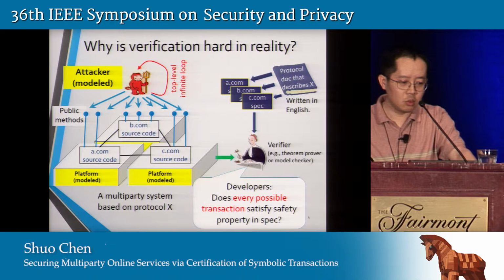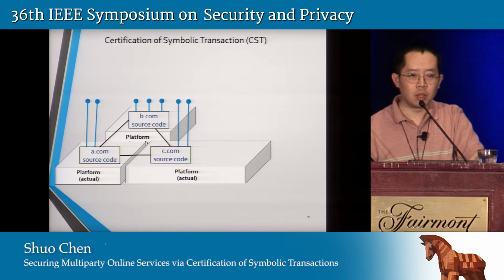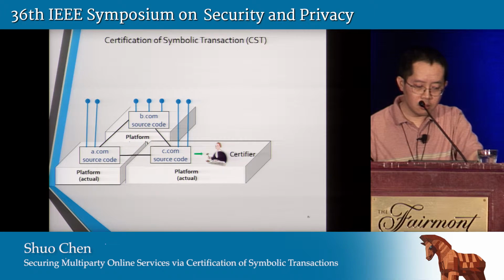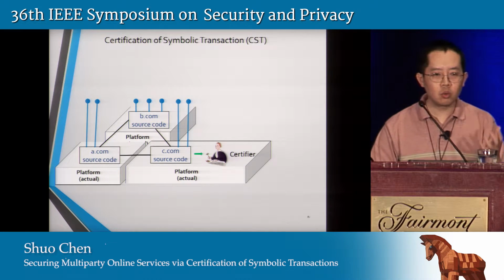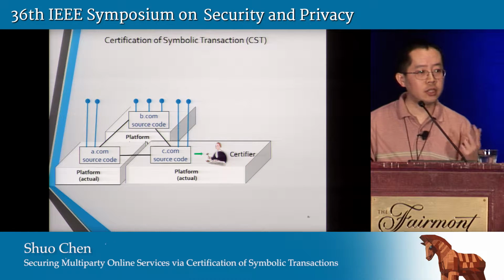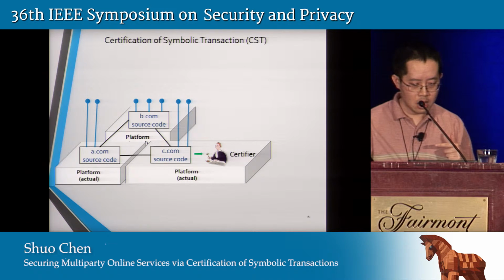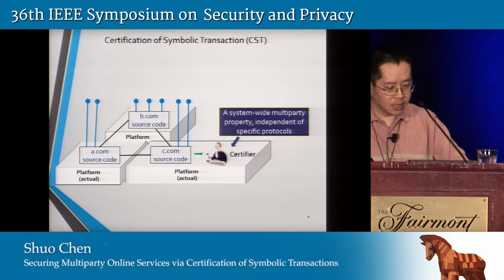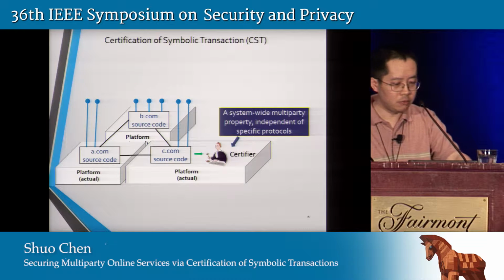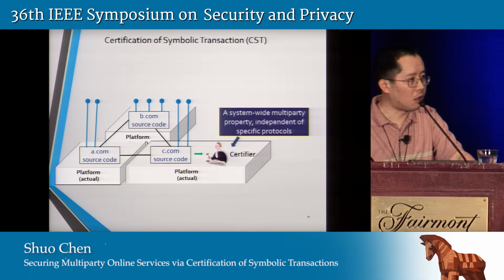So now let's see what CST does. In CST, everything runs on top of the actual platform. Even the program verifier, which we call the certifier, runs on top of the actual platform. I will explain later that CST is going to verify a system-wide multi-party property independent of any protocol.